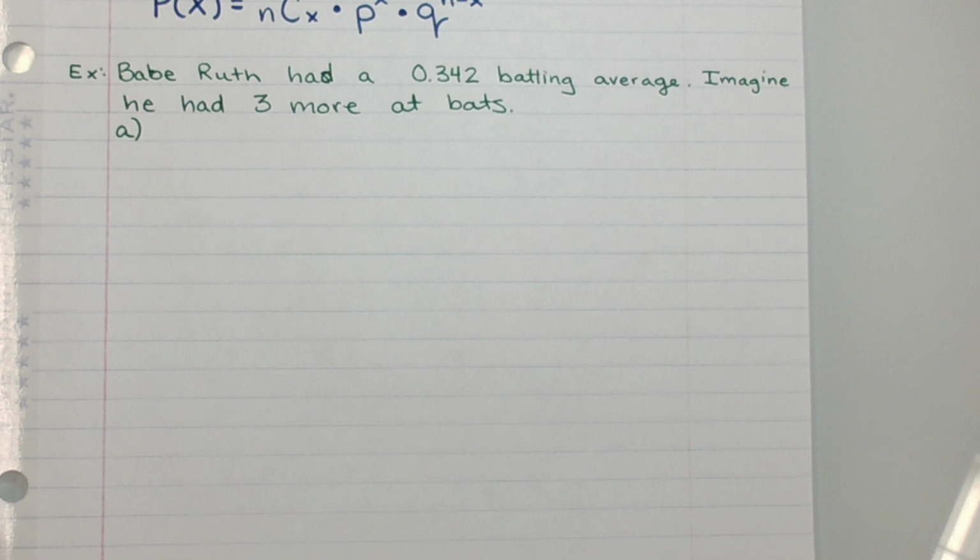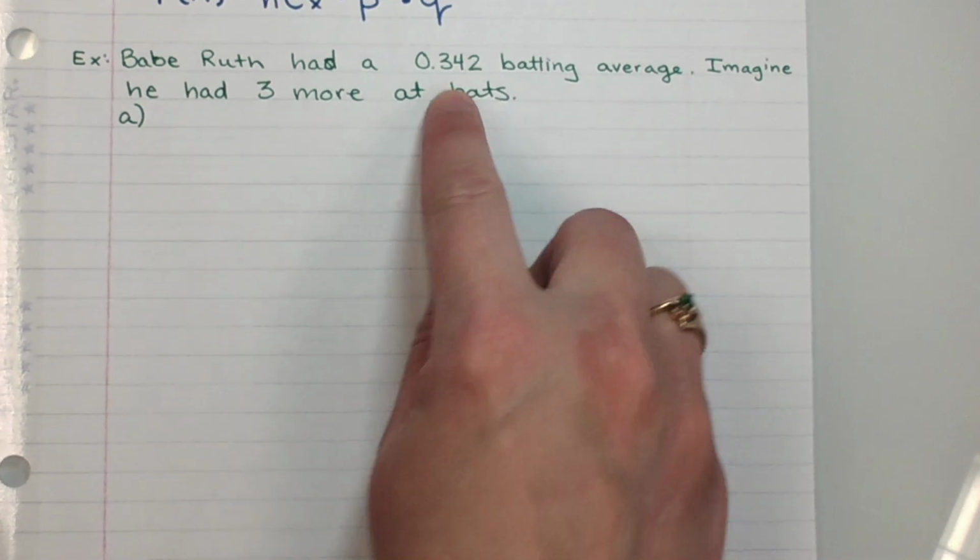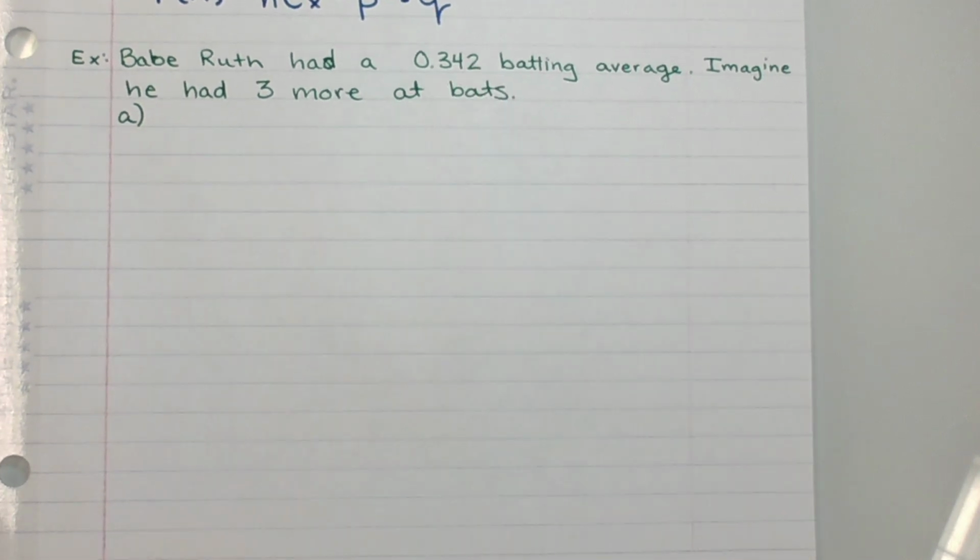Those of you who are baseball, softball, does that accurately represent that? I'm not a sports person. So just to be clear, it's the probability you're going to get on base for an at-bat. So if you have 3 more at-bats in this situation, this is your individual probability for each time.